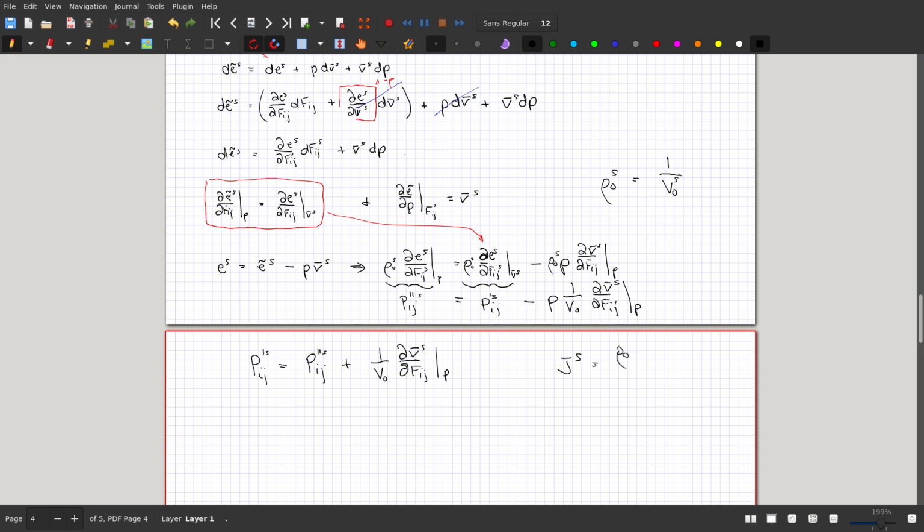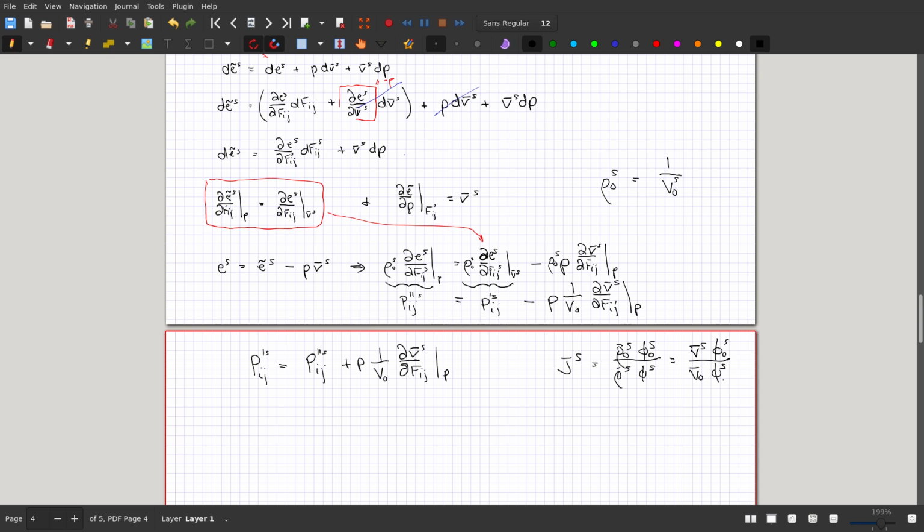We have rho 0 bar of S phi 0 of S over rho of S phi of S, which is the same if we substitute in our definition for the specific volume, then we have V of S phi 0 of S over V. So from this, this is just conservation of mass, which we have been working with. And then I can substitute in my definition for specific volume, and I get this.